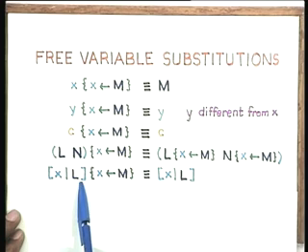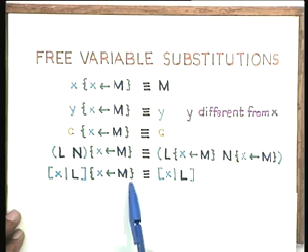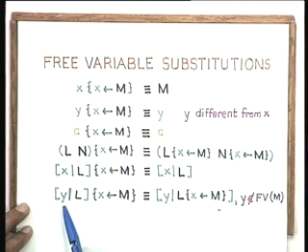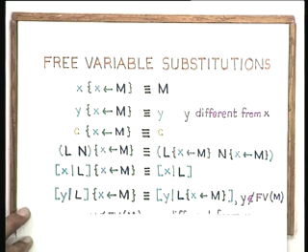There cannot be any free x in this scope L. So, the effect of this substitution is just to leave the lambda abstraction unchanged. Yeah. So, if on the other hand y were different from x, then the effect of this substitution is to replace all free occurrences of x in L by m, right.